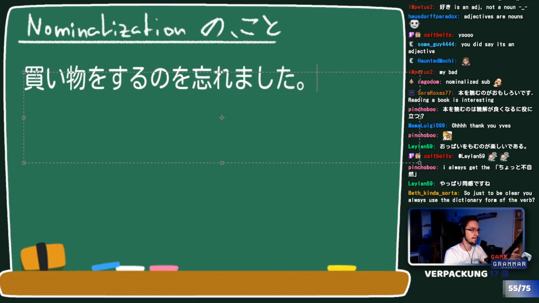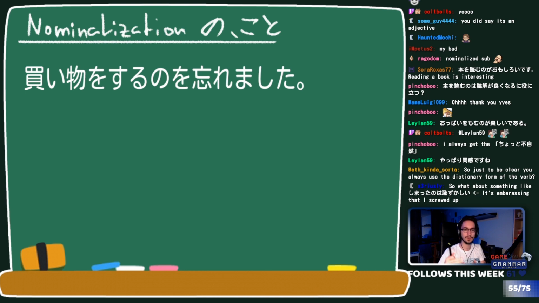This sentence means I forgot to do shopping. I forgot to go shopping. I forgot to do the shopping, right? Because 買い物をする means to go shopping, to go buy stuff, and no nominalizes it, and then o makes it the direct object. So that's what you forgot. 買い物をするのを忘れました. I forgot to do shopping.